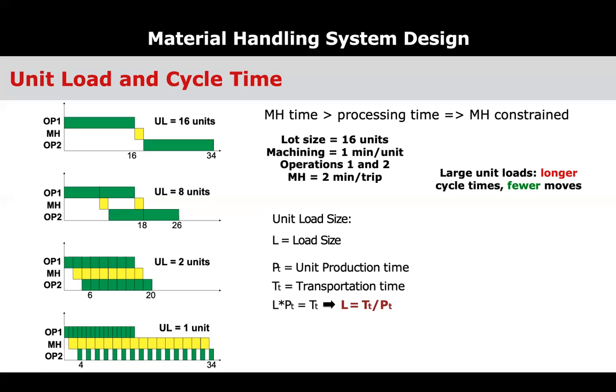The load times the process time equals the transportation time, or the load equals the transportation time divided by the production time. With a production time of 1 and a travel time of 2, the load comes out equal to 2.